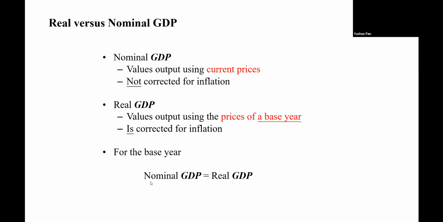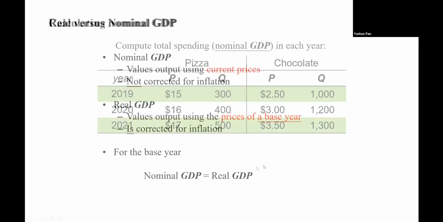So for the base year, your nominal GDP will equal the real GDP. But for the other years, instead of the base year, usually the nominal GDP will not equal the real GDP, unless the prices equal each other. But usually that will not happen.